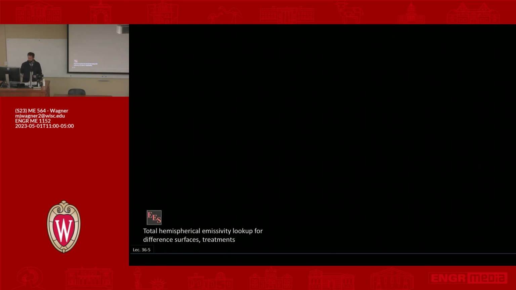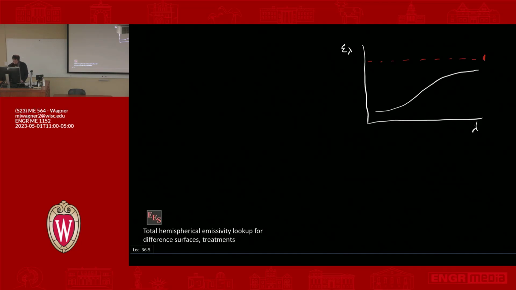It's not as simple as that. Let's take that plot of emissivity as a function of wavelength, and let's say our surface looked like this, where this is the value 1 up here. So that's our real surface.